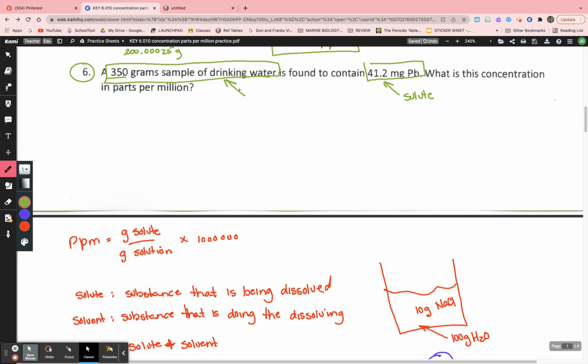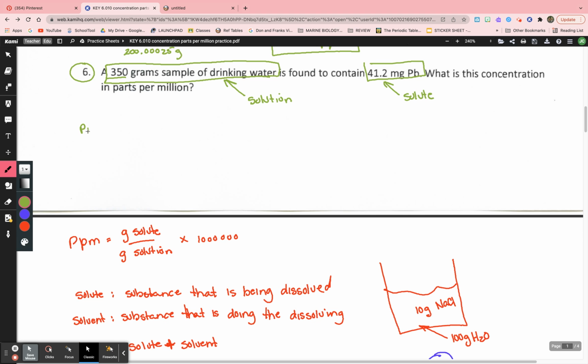What is this? Is it the solvent or is it the solution? It's the solution. It doesn't say water. This is a solution. It's drinking water. It has the lead already dissolved in it, and it weighs 350 grams.